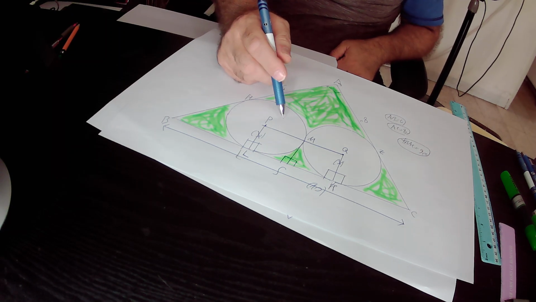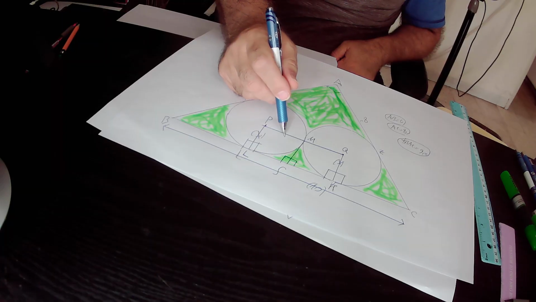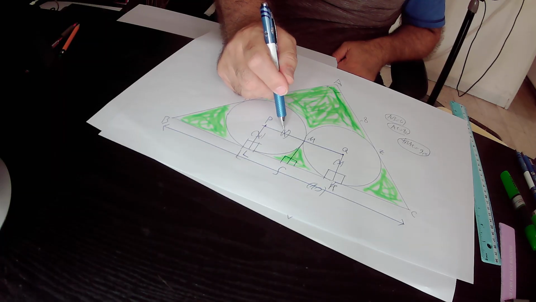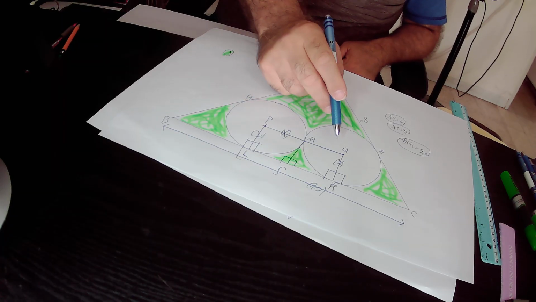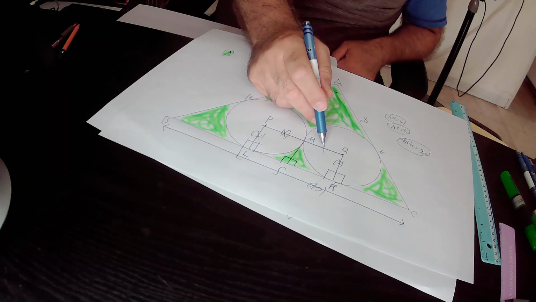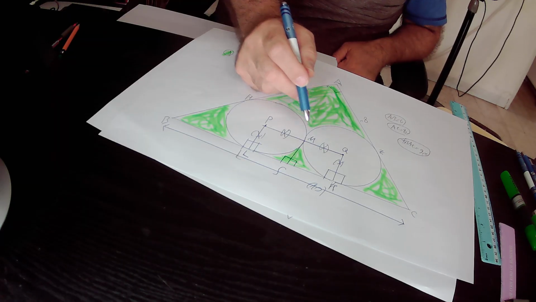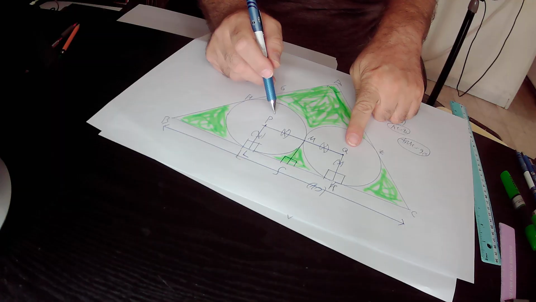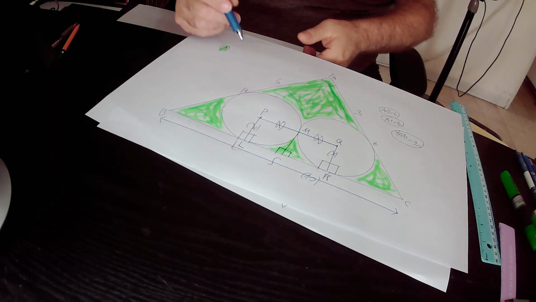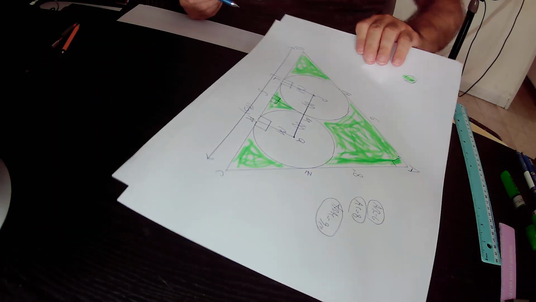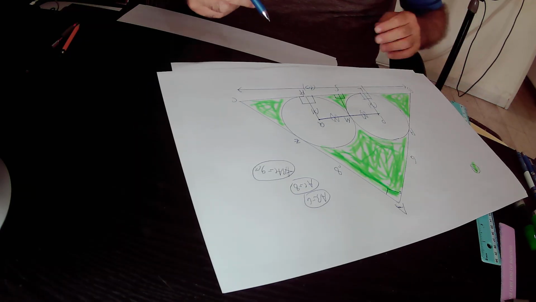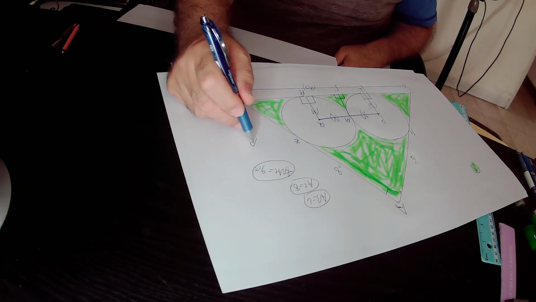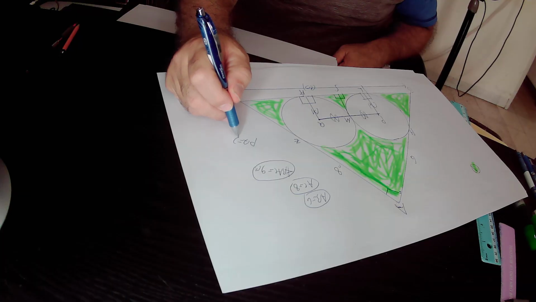PM is the radius of this circle, which equals X. MQ is the radius of this circle, also equal to X. So total PQ equals X plus X, that is 2X. PQ equals 2X units in length.